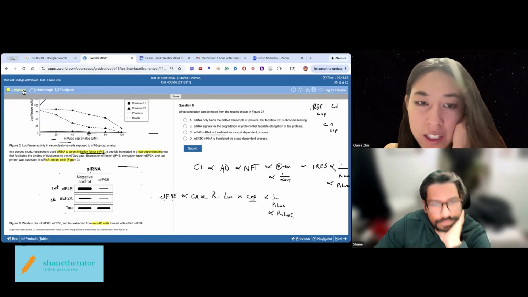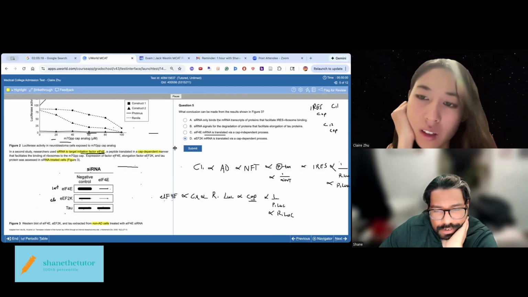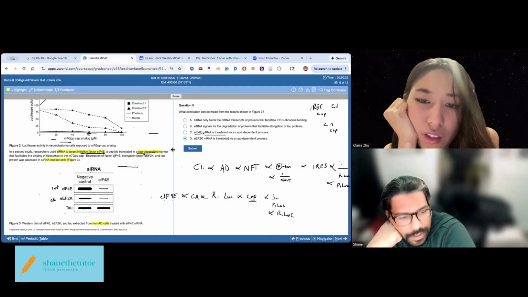So if they're all related together, then only binds to the mRNA transcripts of proteins that facilitate this, signals for the degradation, that elongation, that doesn't seem it. Translated, cap independent. And they tell us here that it's cap dependent for that. So that can't happen. Then this is translated via a cap dependent one.